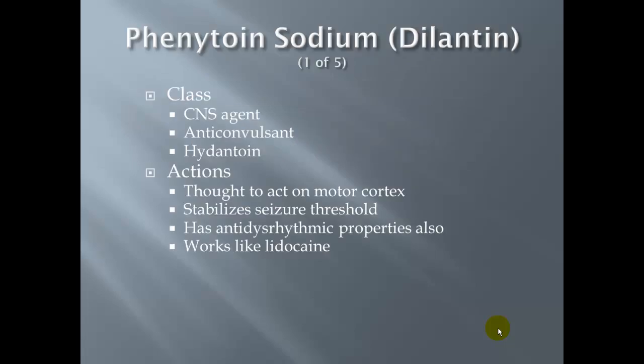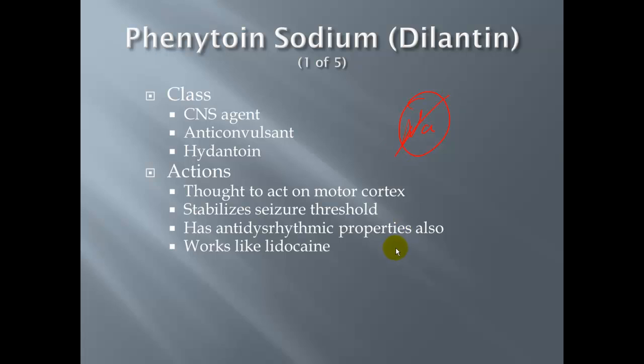First drug on our list here is going to be Phenytoin sodium or Dilantin. CNS agent, anticonvulsant, and hydantoin, my apologies. Actions: thought to act on the motor cortex, stabilize seizure threshold, have antidysrhythmic properties also, and it kind of works like lidocaine, and that's because it works through sodium blockade.